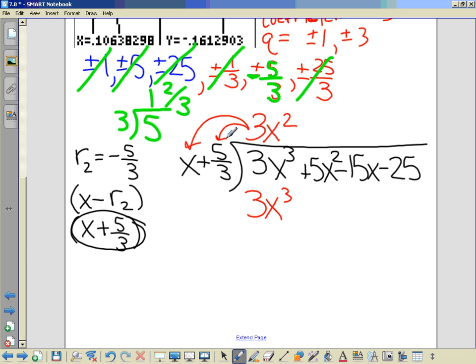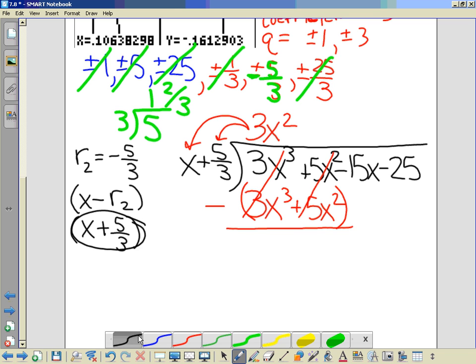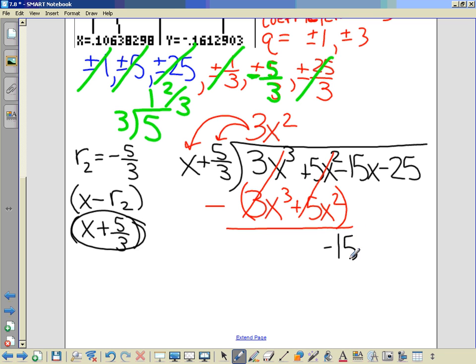The 3's would cancel. I think we get positive 5x squared. Put a line under it and subtract this entire quantity. So at this point, the 3x cubeds cancel, the 5x squareds cancel, and we're going to bring down the remaining portions of the dividend. Negative 15x minus 25.